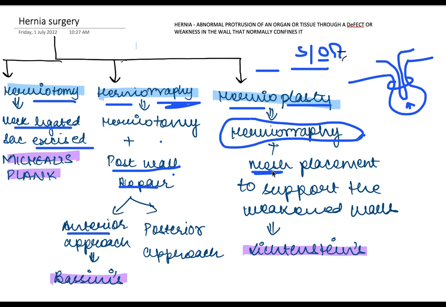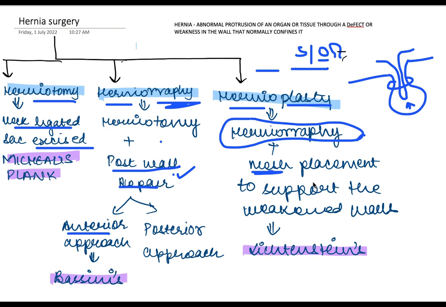As an overview, herniotomy is when the neck is ligated and excised. Herniorrhaphy is when the sac is ligated and excised, but posterior wall repair is also done. Hernioplasty is when the sac is excised, posterior wall repair is done, and a mesh is also placed so that we can support the weakened walls.